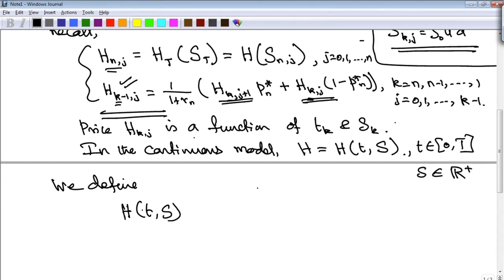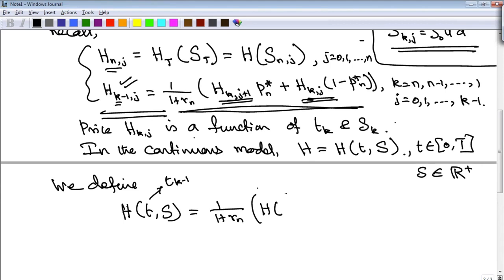Okay, you can imagine that t is taken as t_{k-1}, h(t, s) is equal to 1 by 1 plus r_n. I'm just writing this expression in a different notation. See here you have t_{k-1}, here you have t_k.